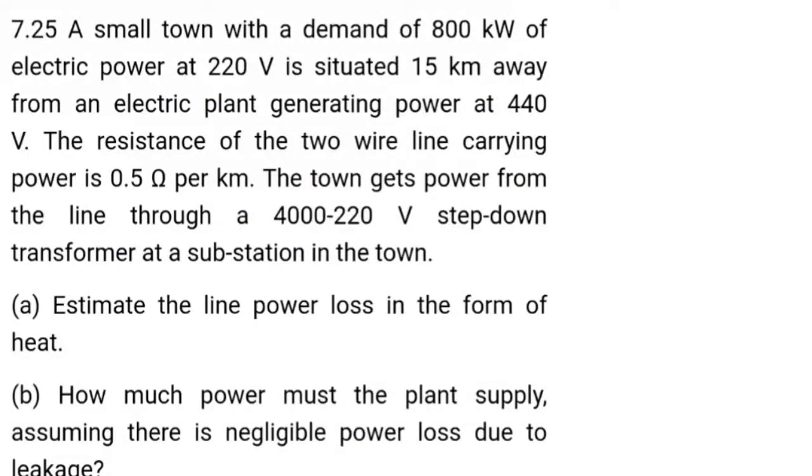So this is question number 7.25. Again this is from the NCERT exercise of the chapter alternating current. So we have a small town with a demand of 800 kilowatt of electric power at 220 volt, situated 15 kilometer away from an electric power plant, generating power at 440 volt.